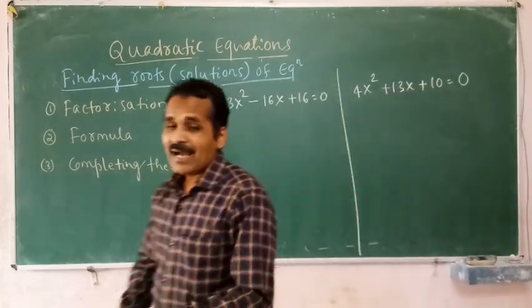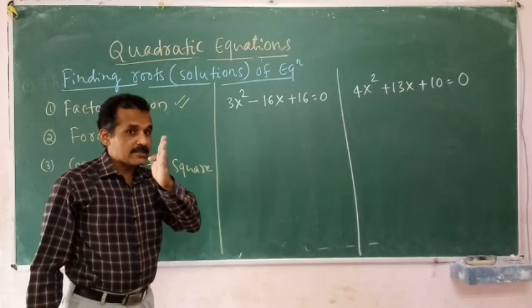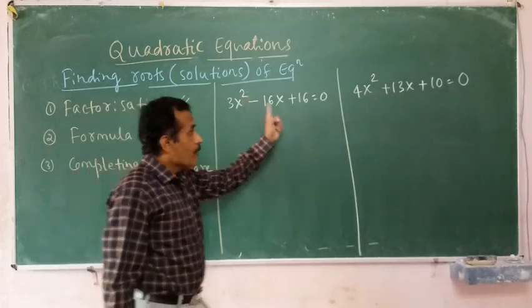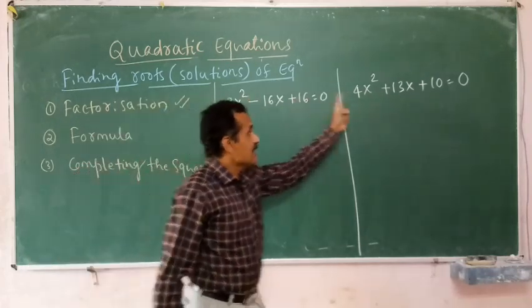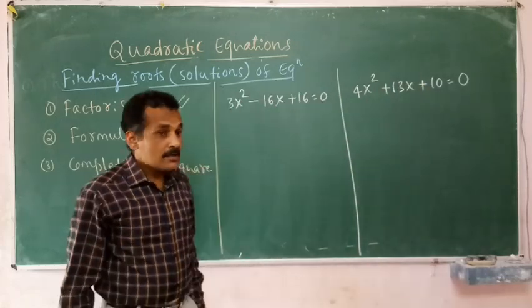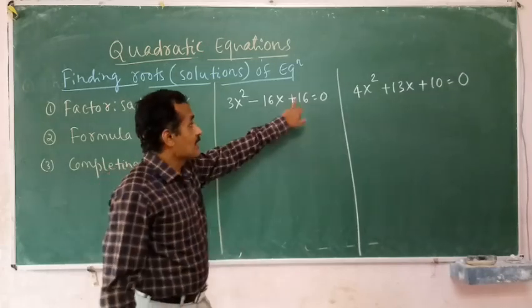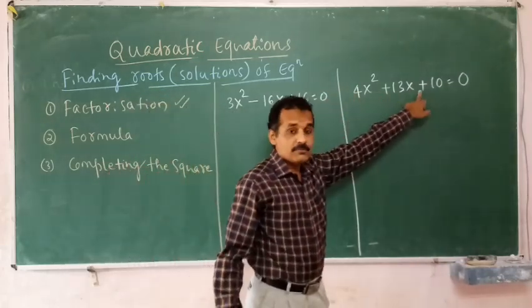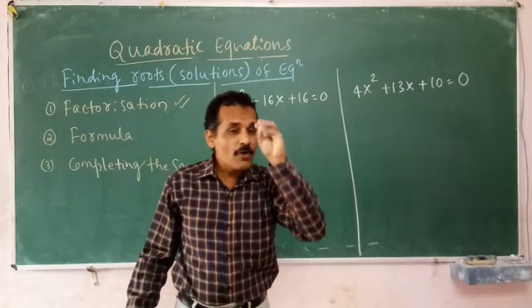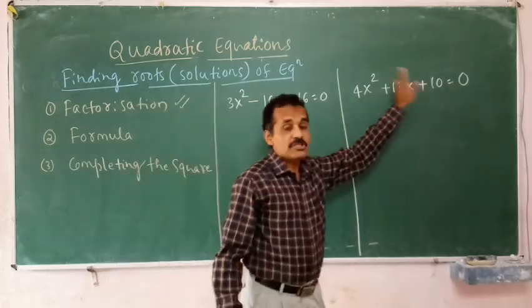My dear children, I have taken 2 examples, and you have to notice that in both my problems the last sign is positive. In the later stage you may get another type of problem where the last sign is negative also. But now I will focus on only those problems where the last sign is positive.